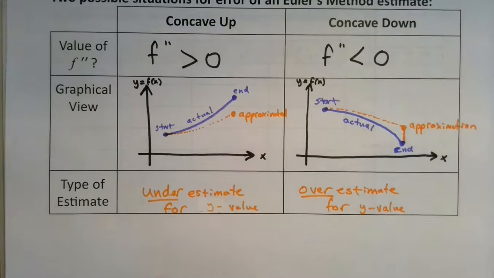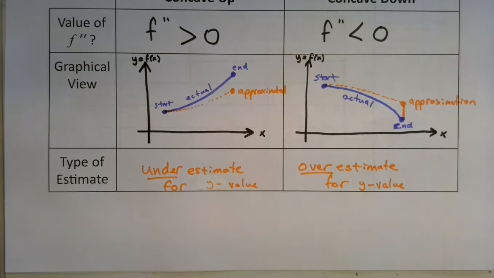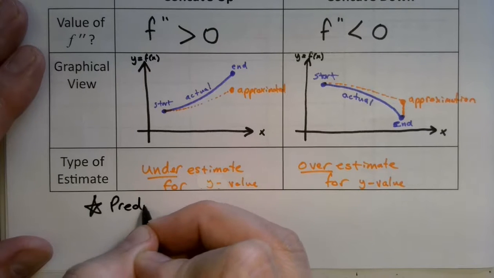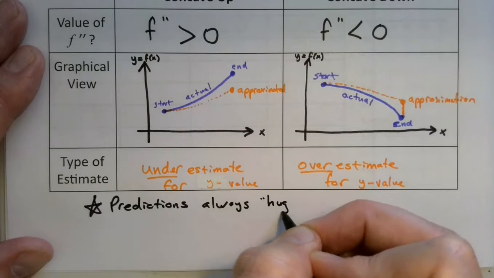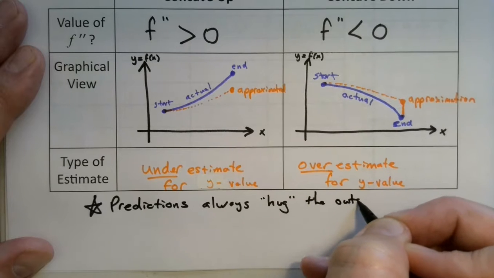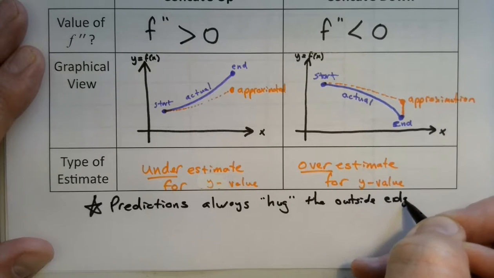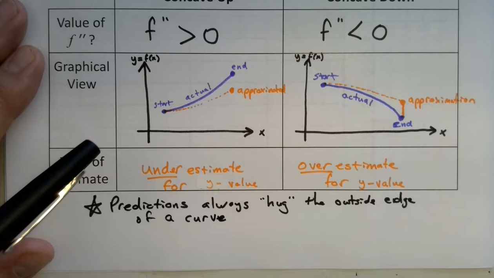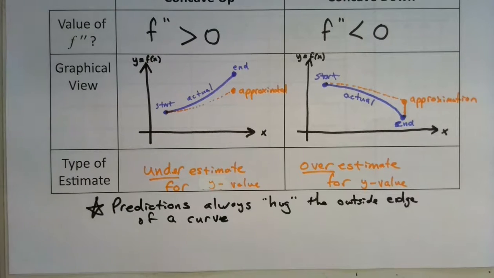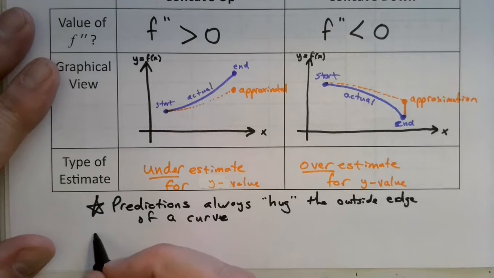So the way I like to think of it, down at the bottom of this page, I'll add a couple of notes here. Predictions always hug the outside edge of a curve, if you want to think of it this way. So if your curve is curving upward, the approximation is going to be below. It's always going to hug the outside edge, right? And if we analyze the differential equation for concavity, we can actually know what kind of error we expect.